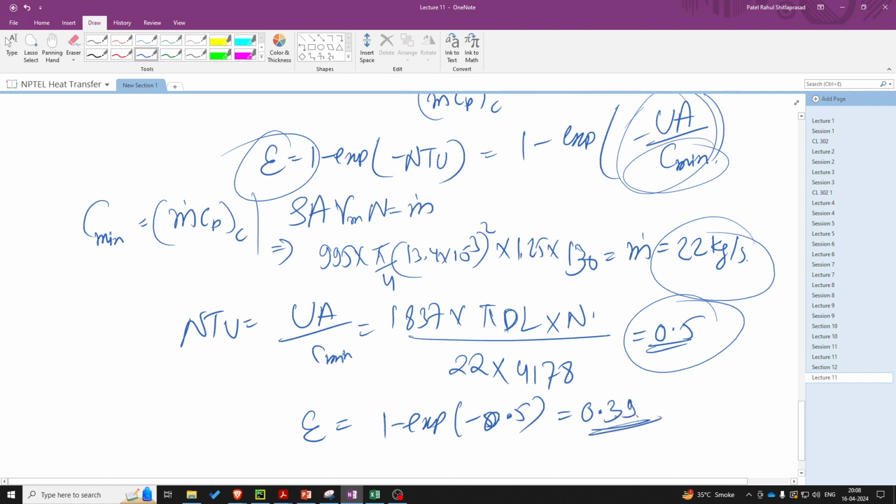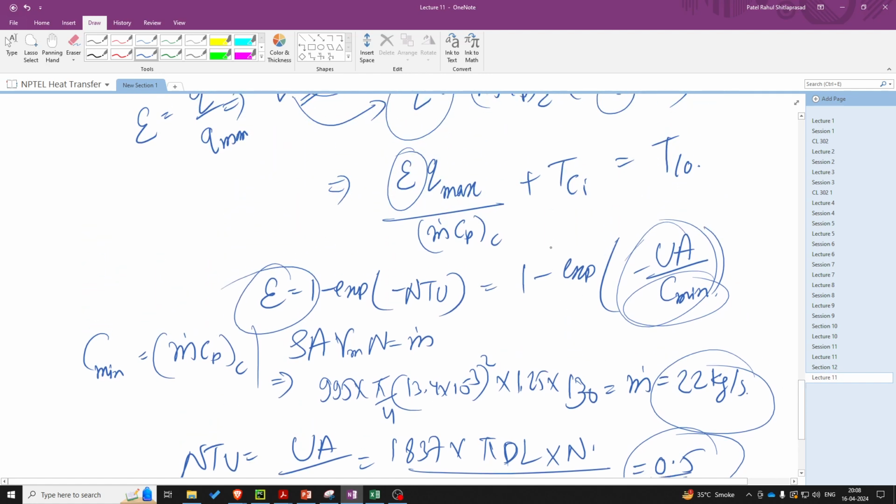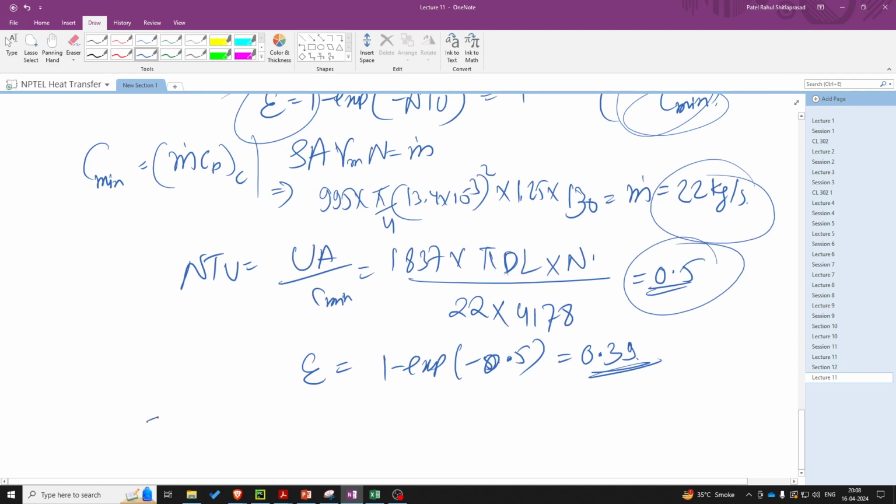Now this effectiveness factor you can put over here. So epsilon we have, Q_max we need to calculate. So let's just do that. It will be Tc_out is equal to Tc_in, that is the inlet temperature.